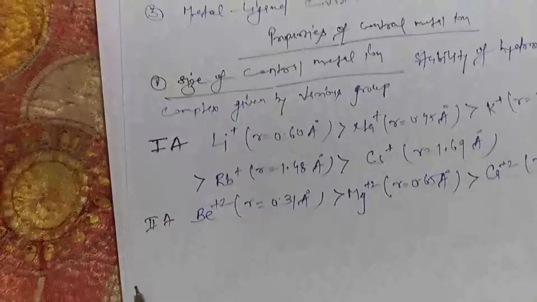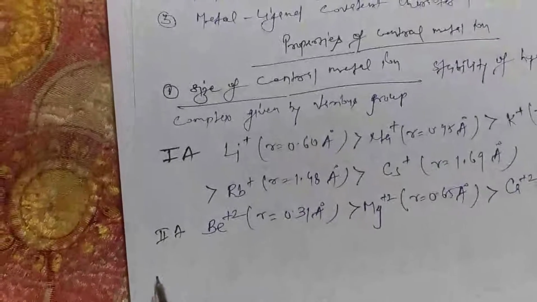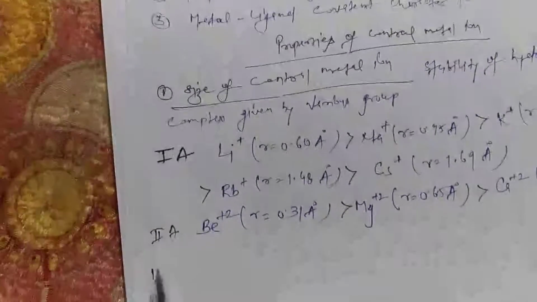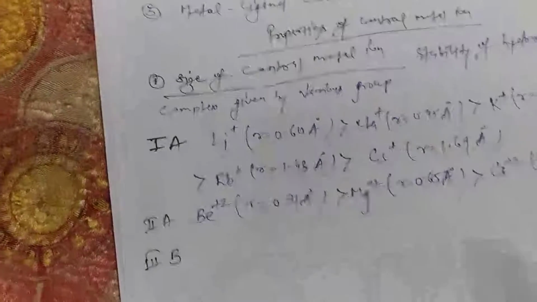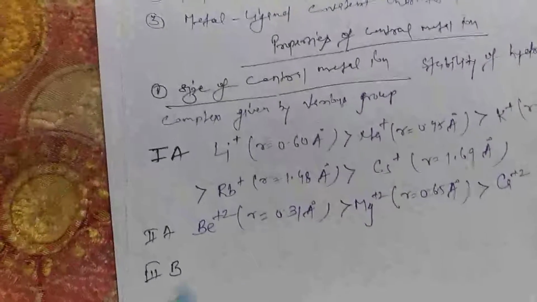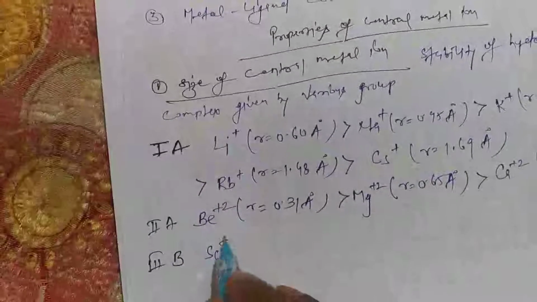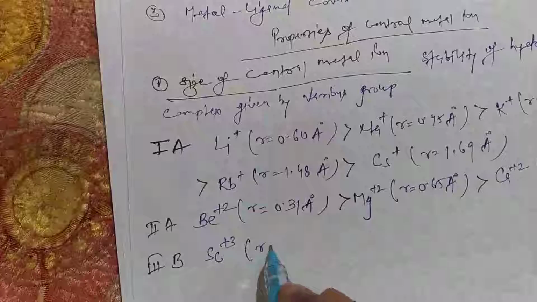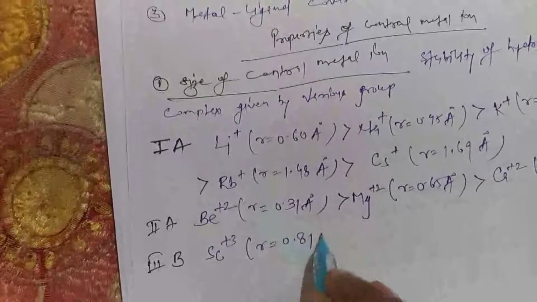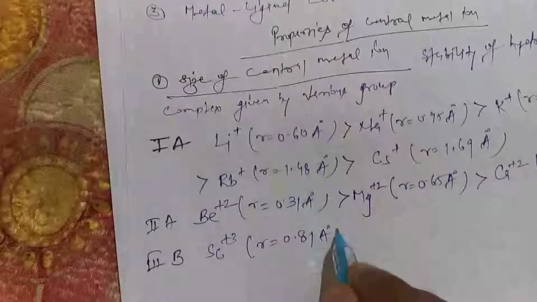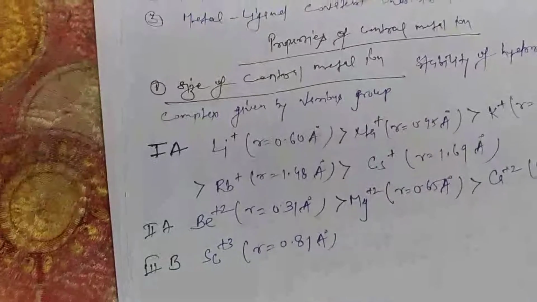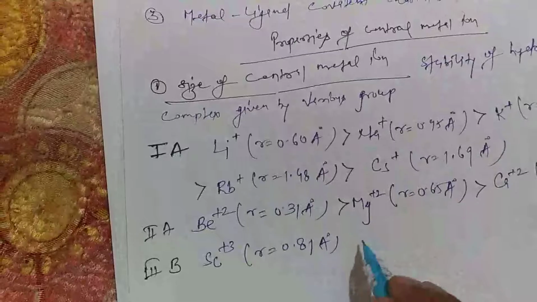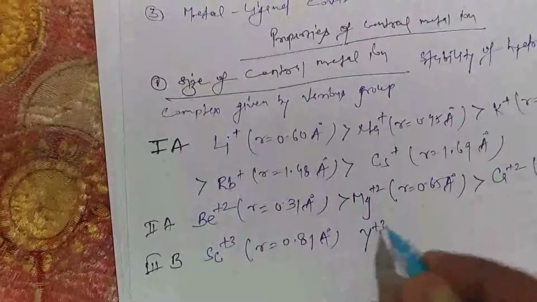Here we'll take the example of d block elements, the third B group, and here scandium is the first element. Scandium +3, the size is 0.81 angstrom.